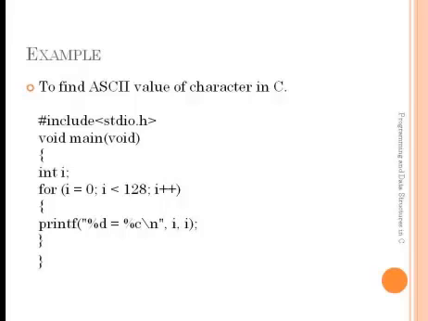It will test this condition. Here the condition is i less than or equal to 128. First, it will check the initialization part. Next, it will check the condition part. If this condition is true, it will go to the loop body.